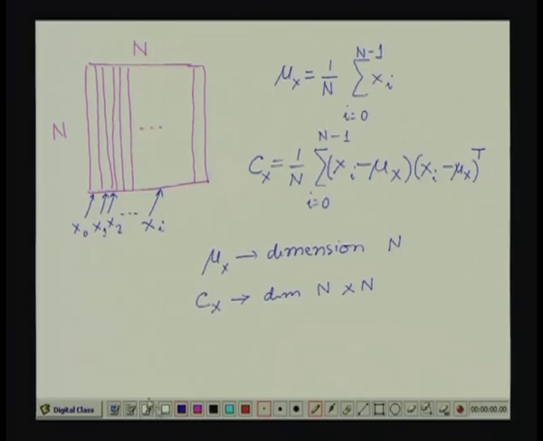And as we have already seen, because this covariance matrix C x is of dimension capital N by capital N, there will be n number of eigenvalues lambda I, where I varies from 0 to capital N minus 1, and corresponding to every eigenvalue lambda I, there will be an eigenvector E I. This E I again will vary from 0 to capital N minus 1.